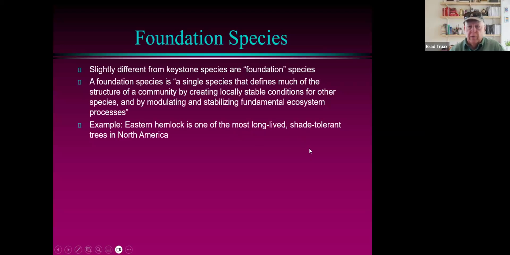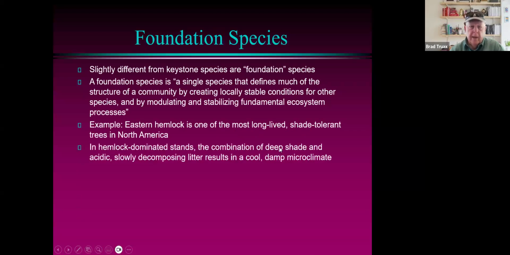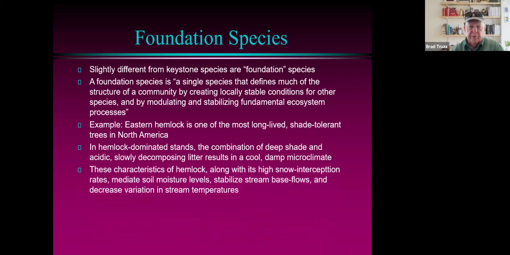Eastern hemlock is one of the most long-lived and shade-tolerant trees in North America. And in hemlock-dominated stands, the combination of deep shade and acidic, slowly decomposing litter results in a cool, damp microclimate, which is ideal for several other plants to grow.